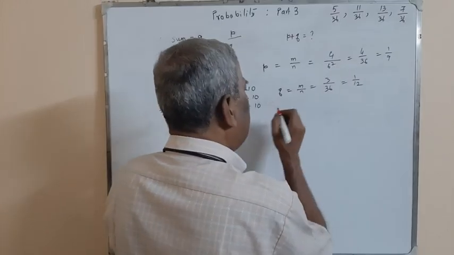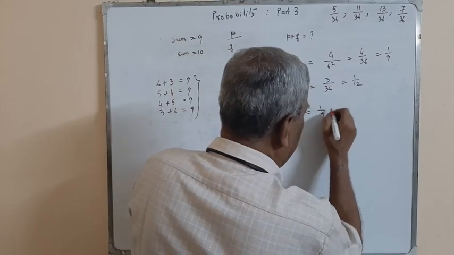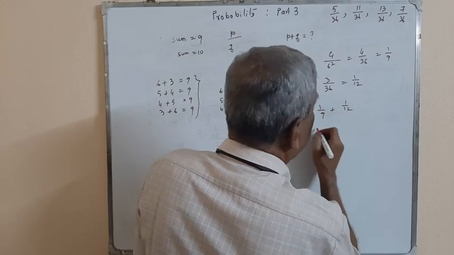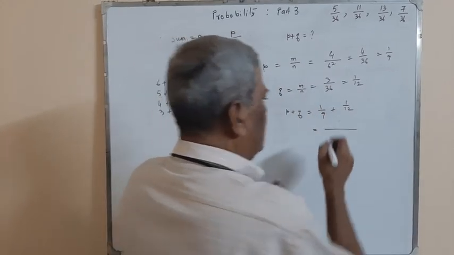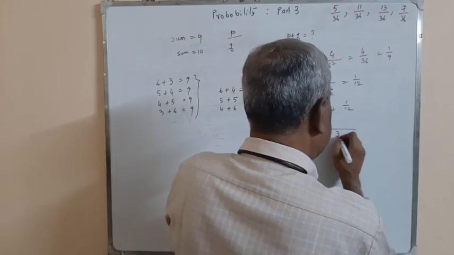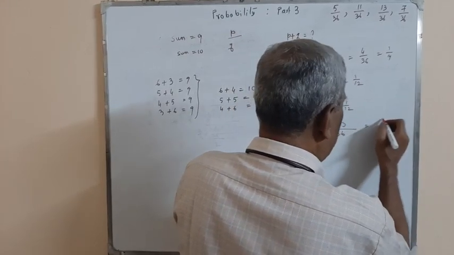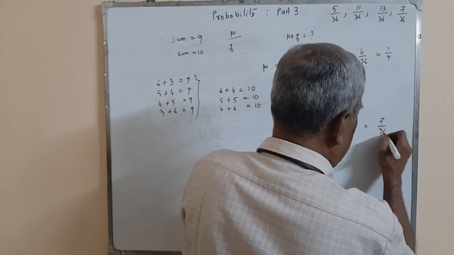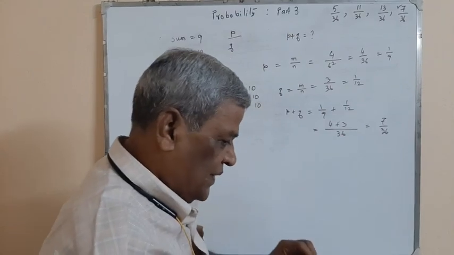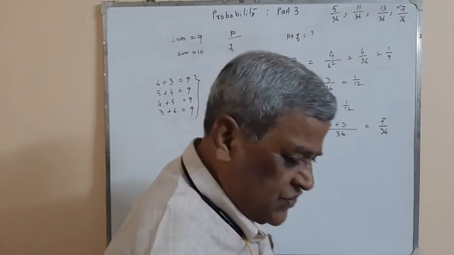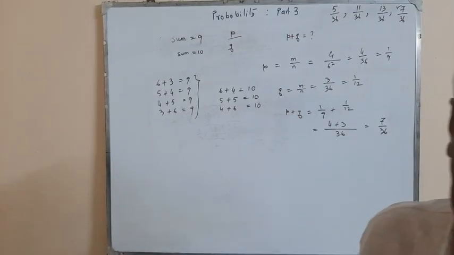So our answer is P plus Q is equal to 1 by 9 plus 1 by 12. 36 is LCM, 4 plus 3 is equal to 7 by 36. This is the correct option. Okay, today is up to this. Next day we will discuss a few more problems. Thank you.